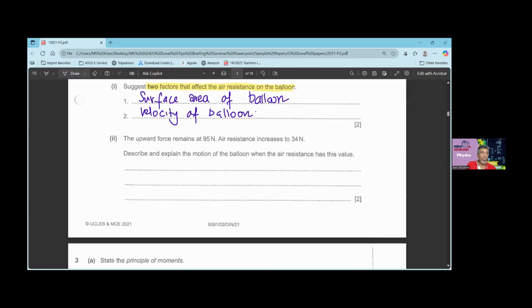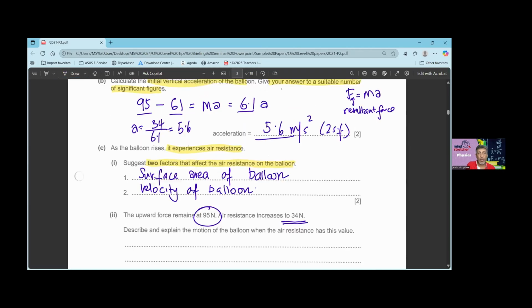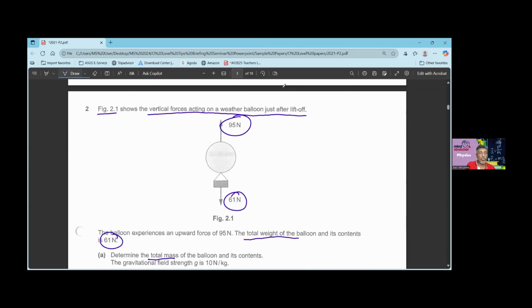The upward force remains at 95 Newton. The air resistance increases to 34. So guys, now what happens is the air resistance increases from 0. It acts in the opposite direction, right?